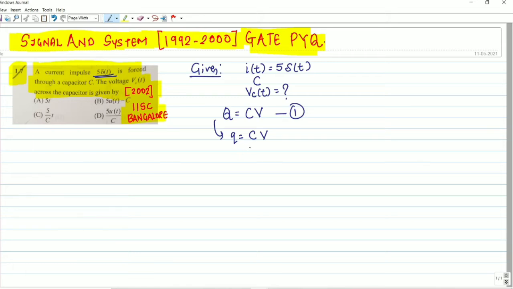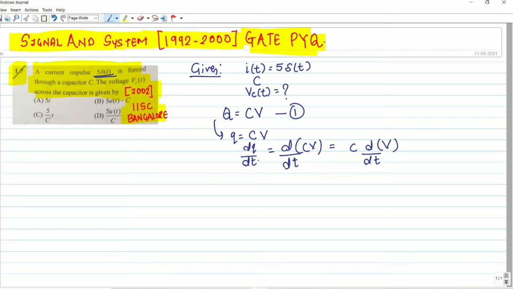Differentiate both with respect to time. It will be dq by dt equals d by dt of Cv. In place of q I put Cv. Where C is constant, I will take it out of the differentiation. It will become C d by dt of V.